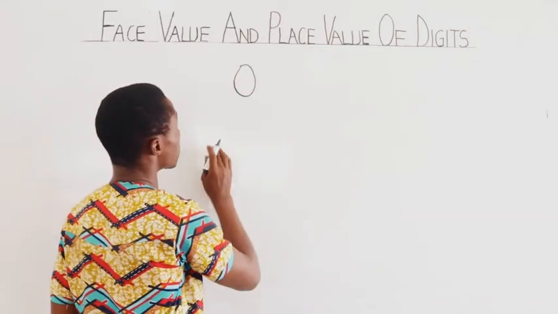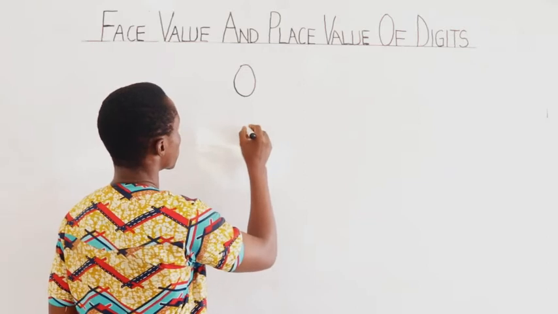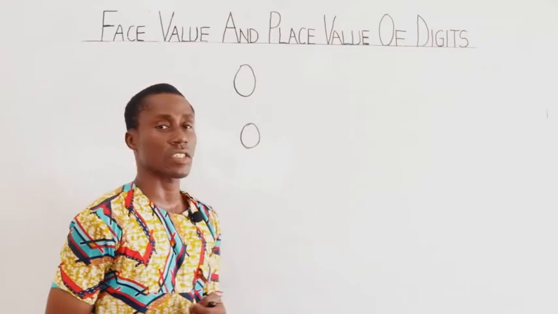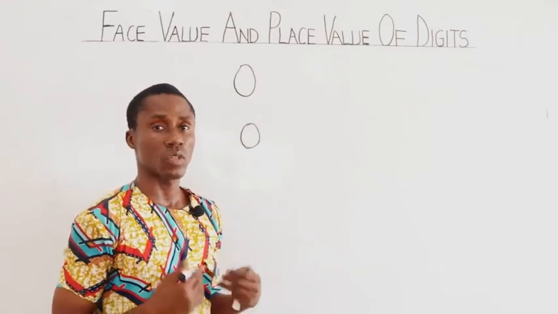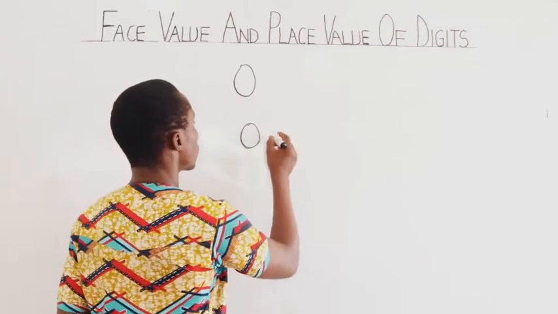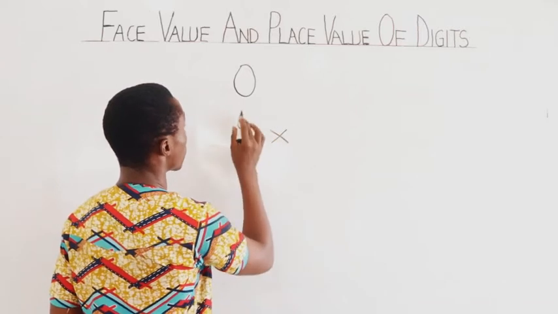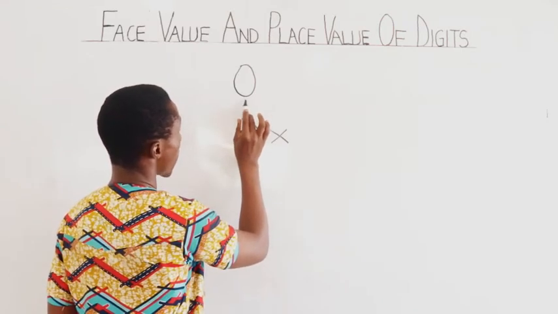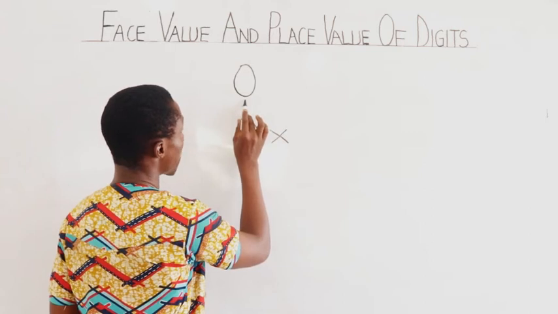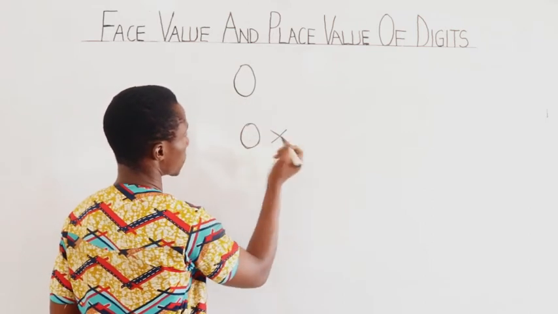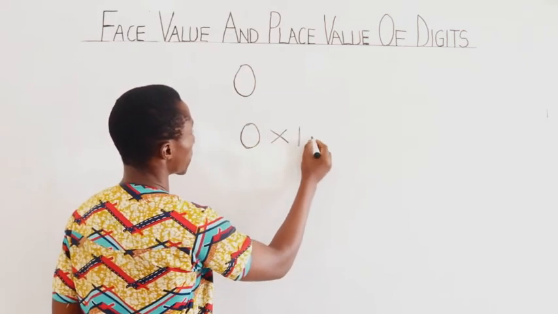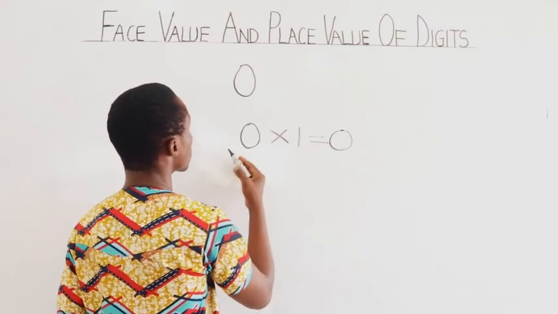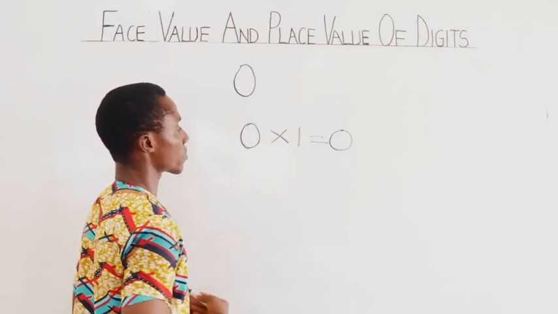The face value of 0 is 0, because the face value of a digit is the actual value of the digit. The number place is the one's number place, so the value of the number place is 1. So 0 multiplied by 1 gives us a place value of 0.